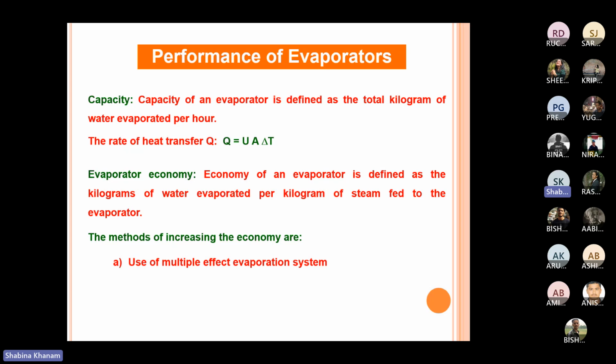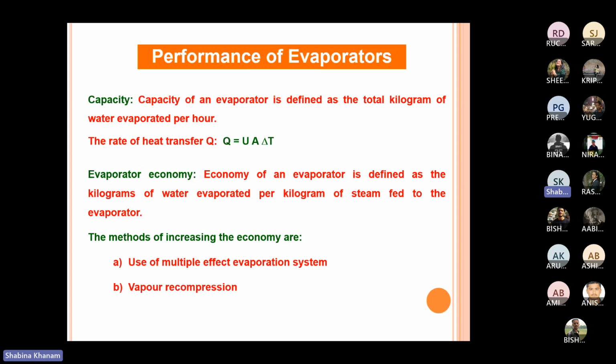Steam will be used in the first effect, vapor generated in the first effect will be used as a heating media in the second, and vapor generated in the second effect is used as a heating media in the third effect, and so on. So when we consider this, we can increase the economy, because in that case it would be simply the multiplication of 0.8. However, we would like to increase the economy beyond 0.8.